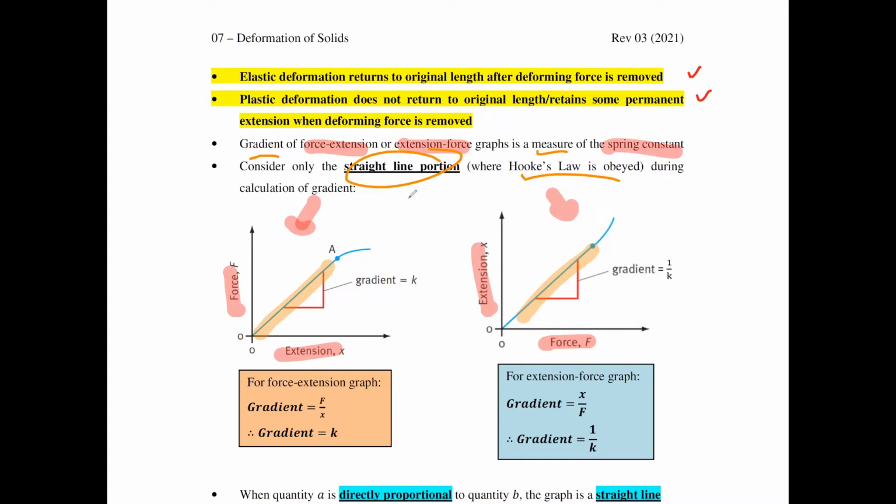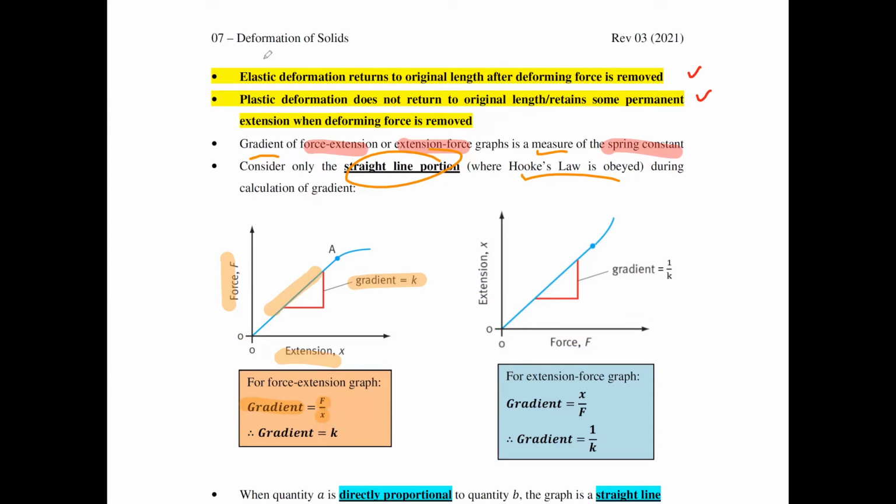All right. So now if you look at the two different force extension graphs, what does the gradient actually tell you? The gradient for a force extension graph here is actually equal to k. It's equal to the spring constant itself, because if you were to find the gradient, it is force divided by extension.